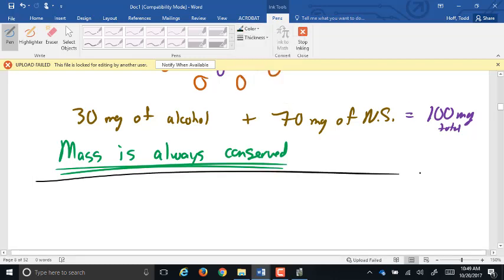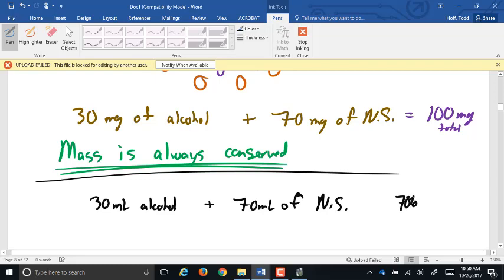So when we do our percent solutions, we have to be very careful about saying, well, we added 30 milliliters of alcohol to 70 milliliters of saline, and saying, well, that's a 70% solution then, right? Sorry, not 70%, that's a 30% solution, because it's 30 milliliters of alcohol in a 100 milliliter total solution. It's not necessarily 100 milliliters total.